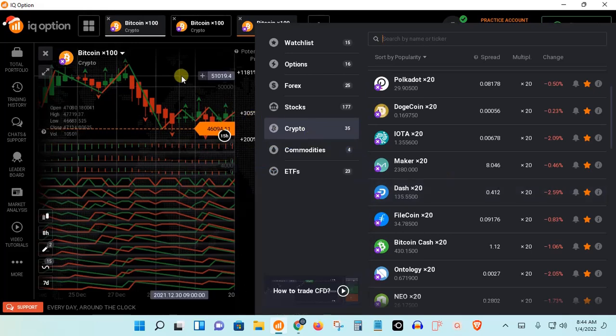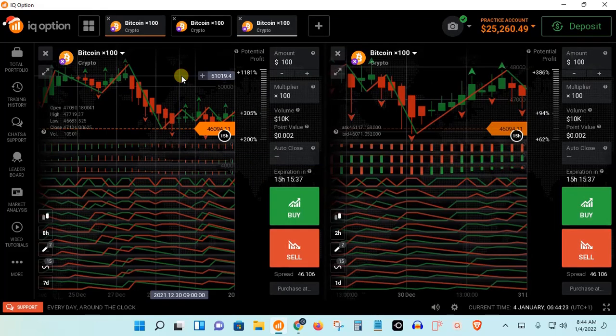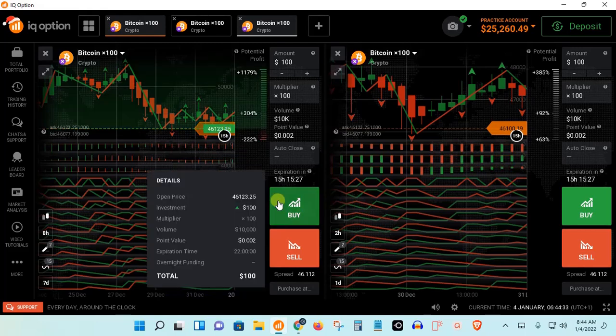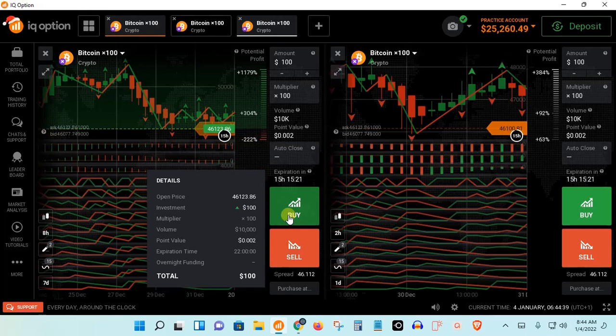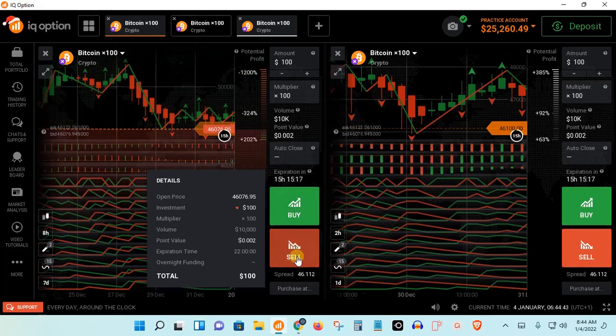So that's why most times initially I was trading in all coins, but then I realized Bitcoin times 100 would be actually very stable and have very little spread. You should always check that. You can see the green area where it's highlighted, and the red area is almost at the same point.